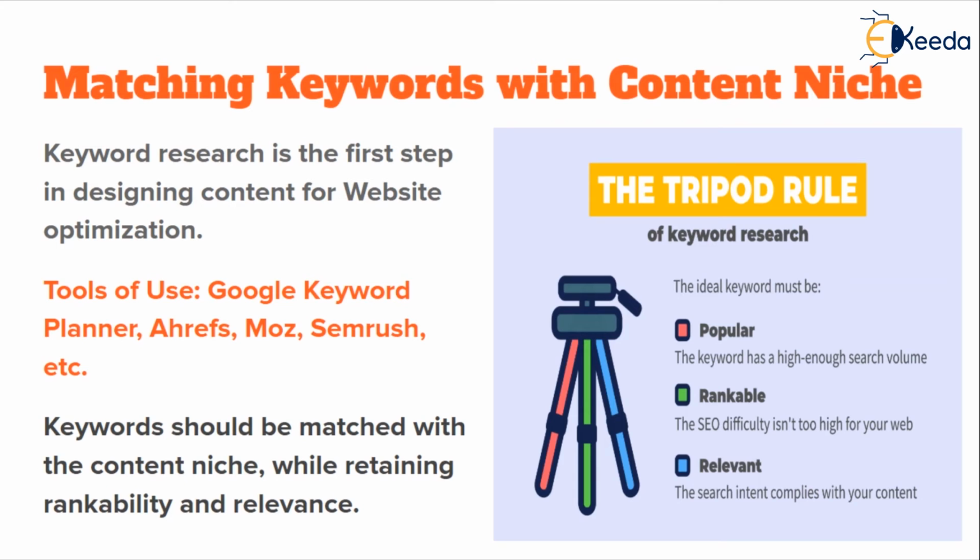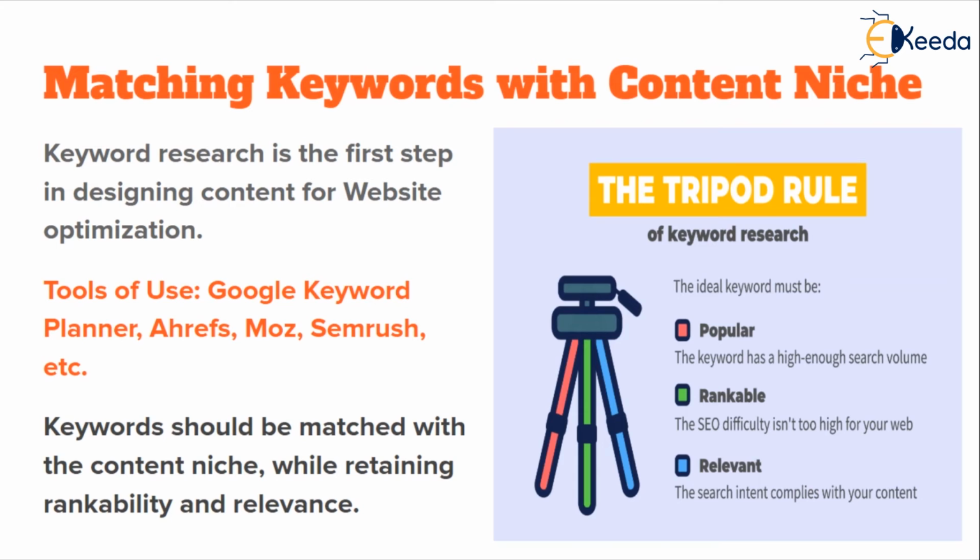Keyword research is the first step, and the tools you can use to do this could be Google Keyword Planner, which is a free tool, Ahrefs, Moz, SEMrush, and there are a number of other keyword research tools available out there, which could be your best friends as a content marketer.